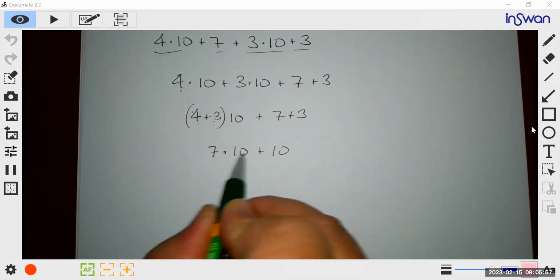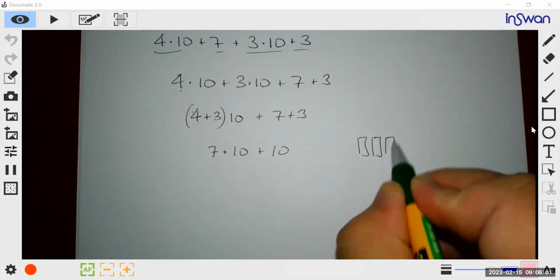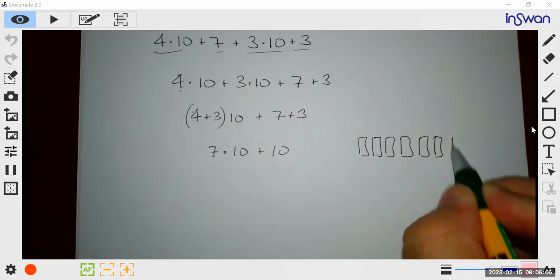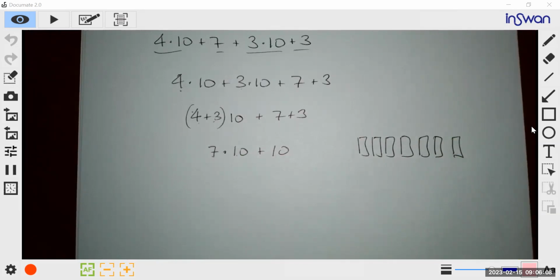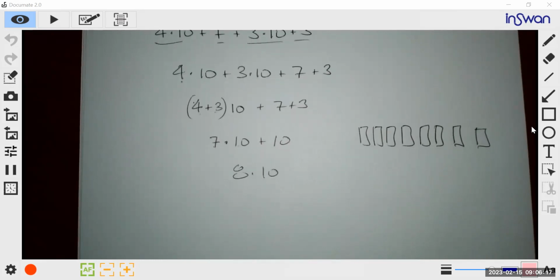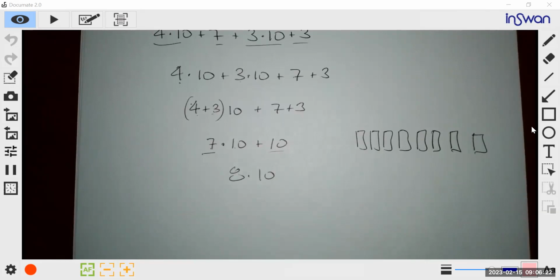There's 7 of them there. Because if we drew all these, it would be 10, 10, 10, 10, 10. So there's 7 tens there. And we have one more 10. So we have 8 tens. These 7 and this 1. What is 8 times 10? So that's another way you can teach them.